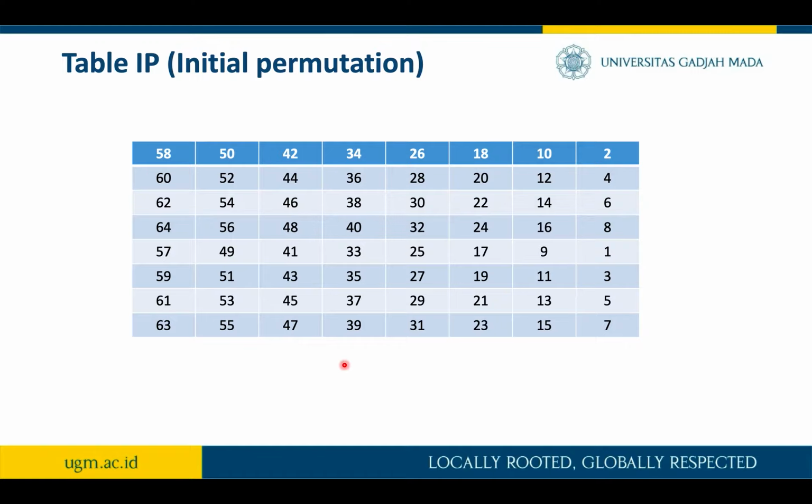Okay, this is the initial permutation. We just do permutation on the bits in the plain text.